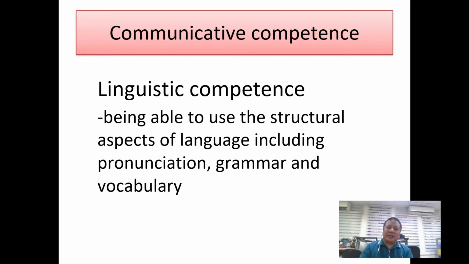So, a linguistically competent person knows the grammar, can pronounce the words, understands the words, and can use the structural aspects of a language.